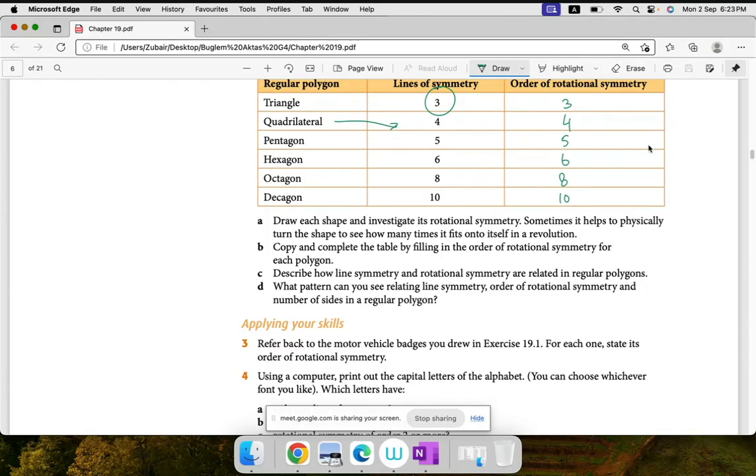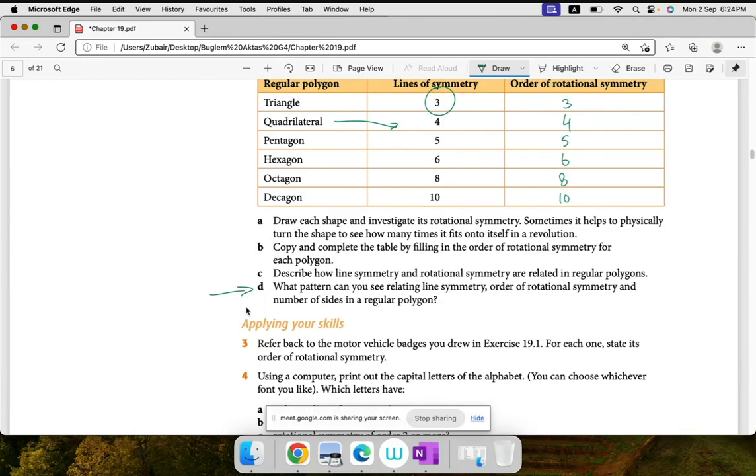Can you apply your skills for 2 and 3? Sorry, which part are you talking about? A, B, C, D? You're asking about D, right? D, yes.